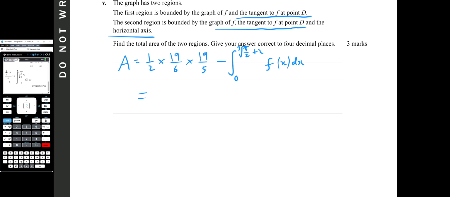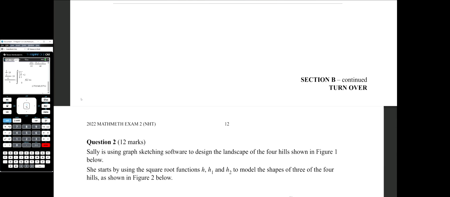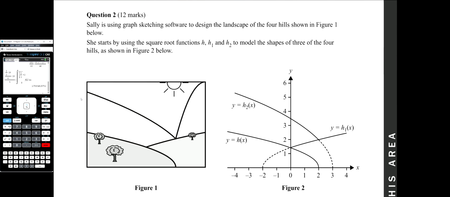So the total area of the two regions is roughly 2.7015, correct to 4 decimal places. Excellent, and there we go. That is the end of question 1.